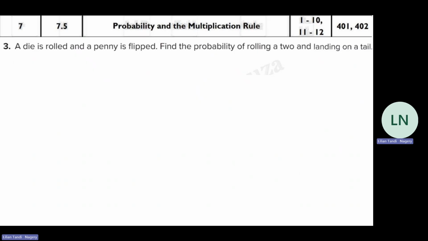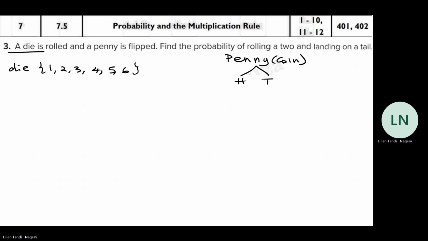All right. A die is rolled. That means die 1, 2, 3, 4, 5, 6. And a penny is flipped. A penny is a coin, so heads or tails, because it's a coin.